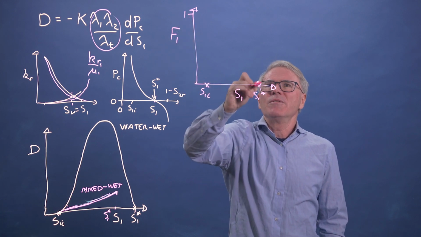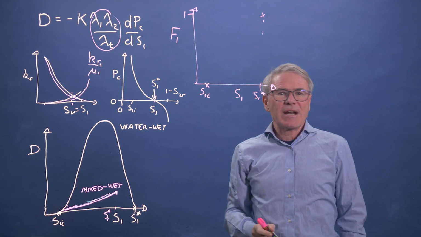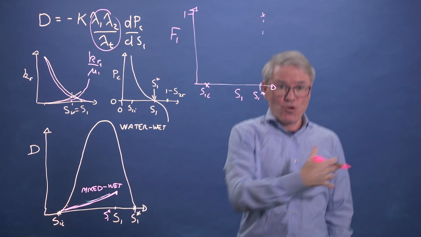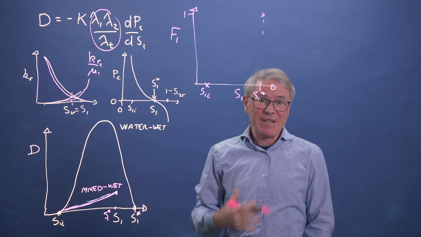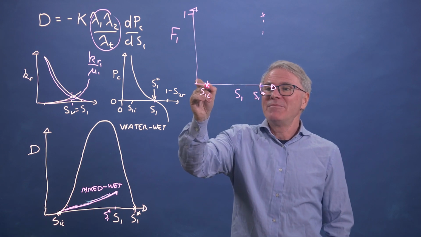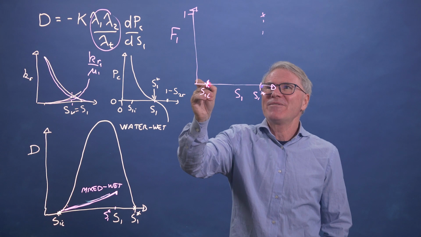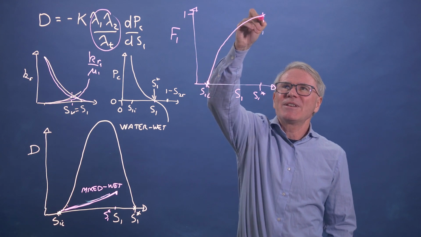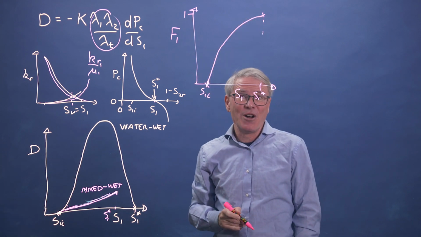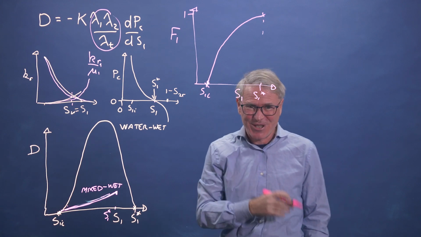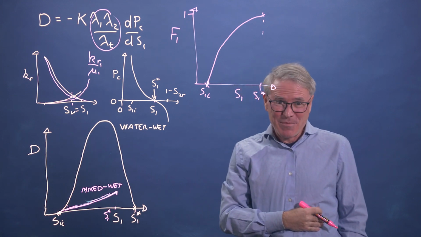It goes between 0 and 1, but it's always the no shock case. It's always diffusive, so it doesn't have an infinite gradient. It can't have an infinite gradient. And you always have something that looks sort of like that. It's the no shock case. You can't get shocks if you have imbibition.